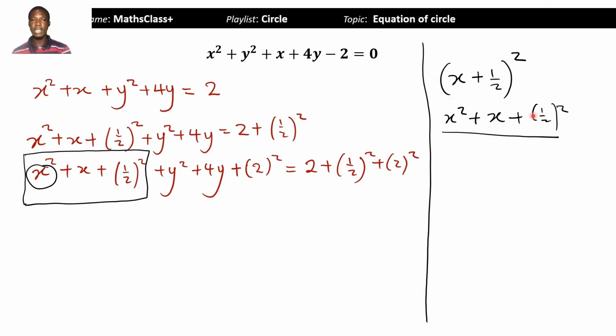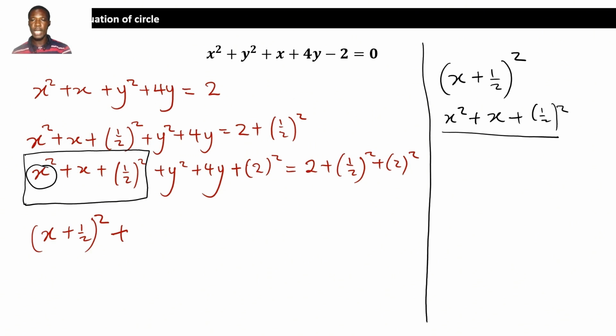What that means is that we can express these 3 terms as 1 term like this one. So we will rewrite it as x plus 1 over 2 squared, and that takes care of the three terms. Okay, then we are going to do a similar thing with the y.